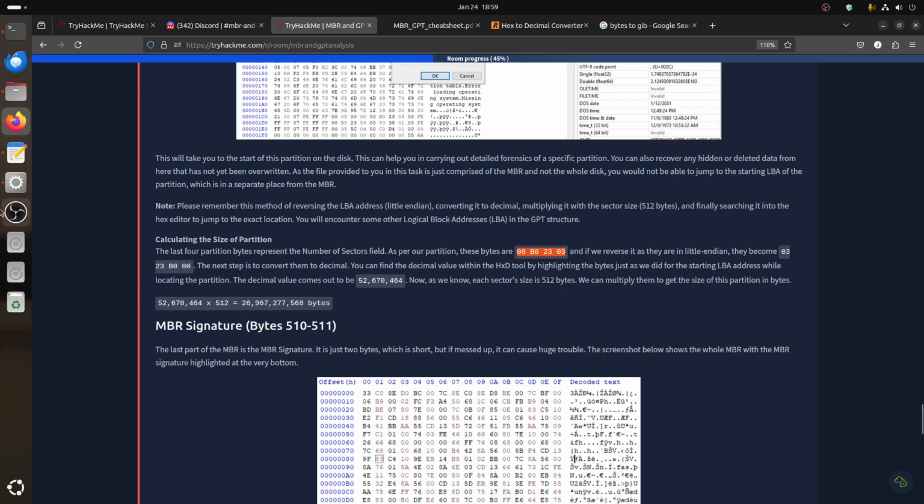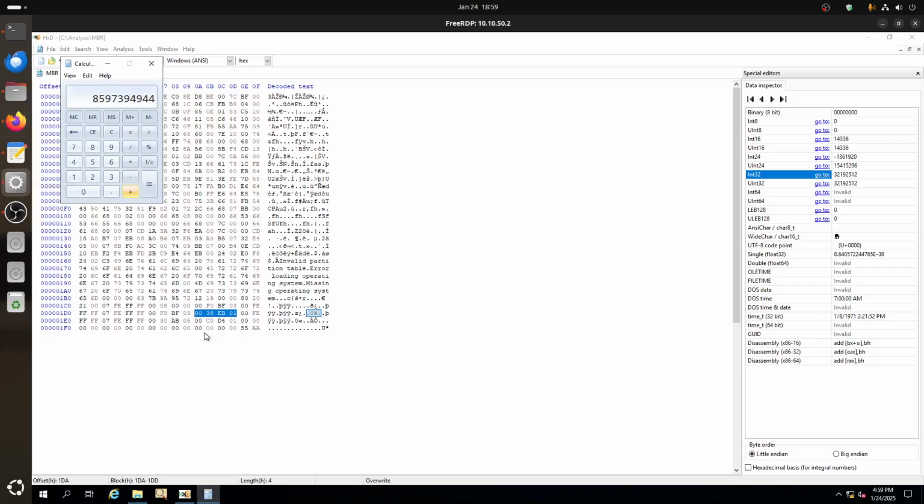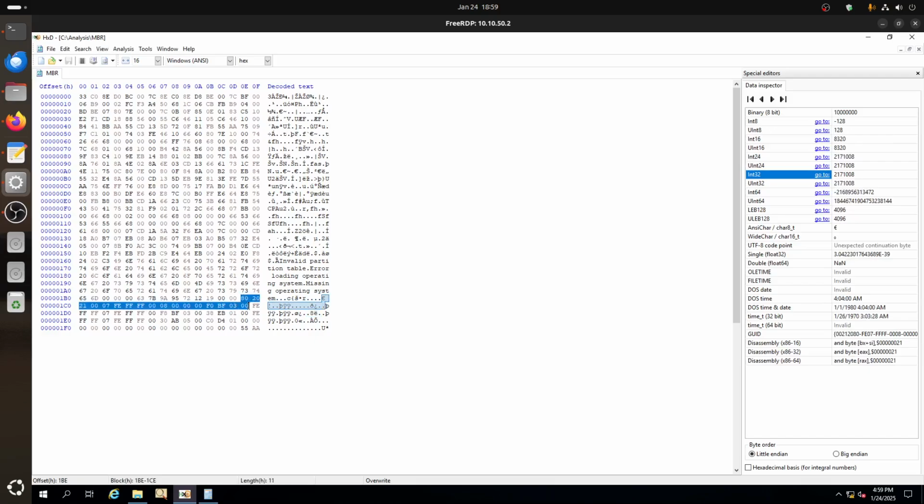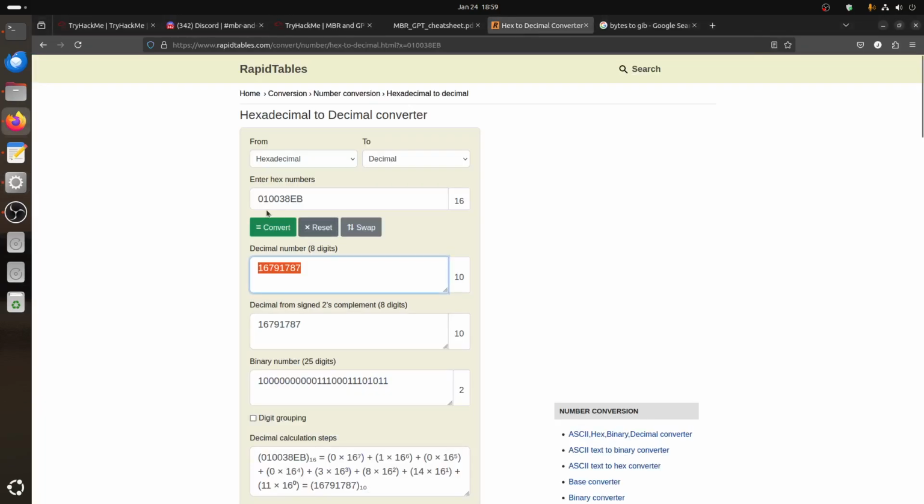So what mistake did we do? Second partition. This is the second partition. That's the first one, this one the first one. No, this is the first one, and this is the second one. So 01 EB. Oh, that's my mistake.